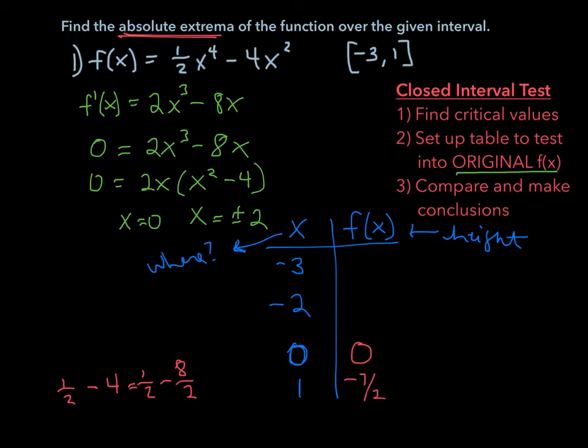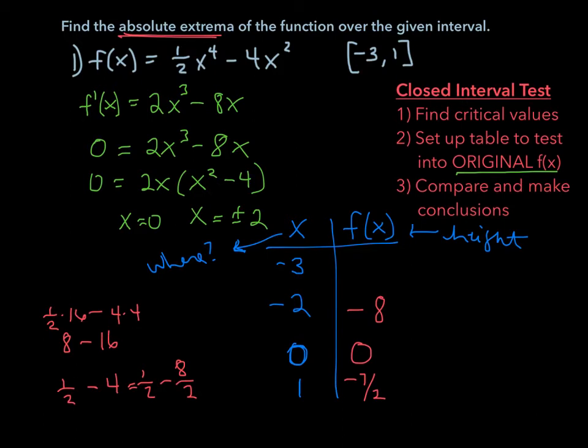All right, let's try the -2. So I got 1/2 times -2 to the 4th, which is +16, minus 4 times -2 squared. -2 squared is 4, so 4 times 4. So 1/2 of 16 is 8, minus 16 is going to be -8. All right, and then let's go ahead and do that -3.